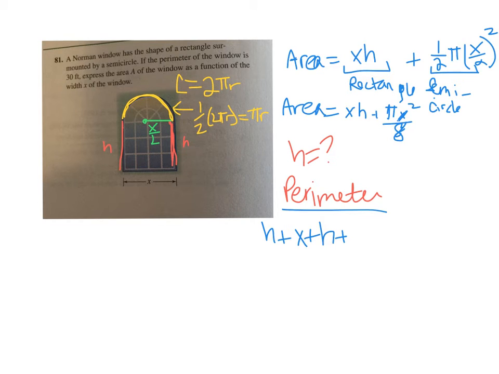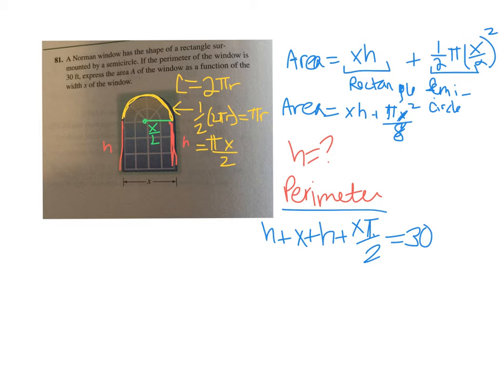I also know that r is x over 2, so it will actually be pi times x over 2, pi x over 2. And I know that that perimeter is equal to 30.